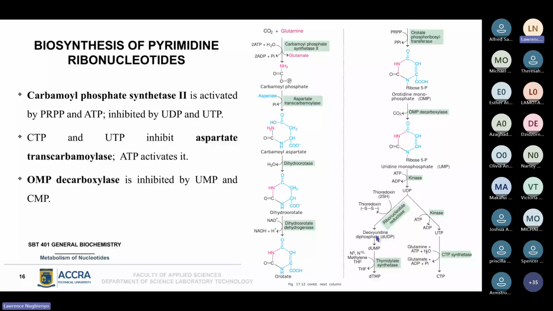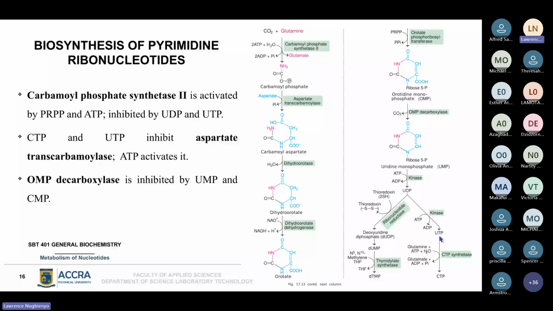You have deoxyuridine monophosphate, deoxyuridine diphosphates, and then the deoxythymidine monophosphate. You also have the uridine triphosphate, and then the cytidine triphosphate.